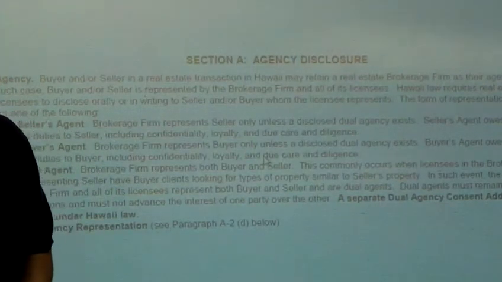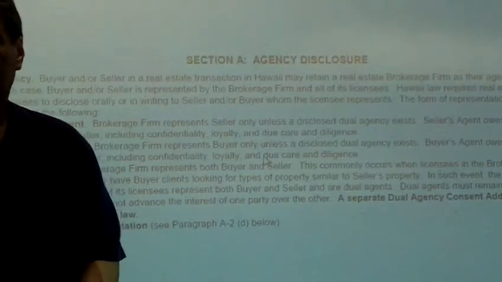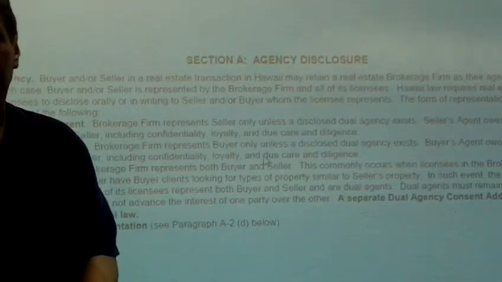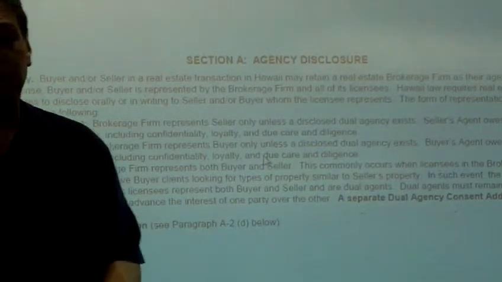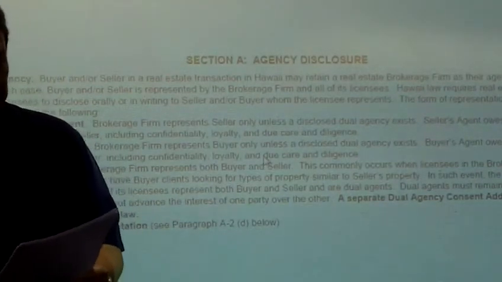As a real estate agent, it is not lawful for you to give legal advice. When they ask you questions, you can explain what it means, but not what their implications are. So be careful that when you advise your clients, you're not giving them legal advice, okay?